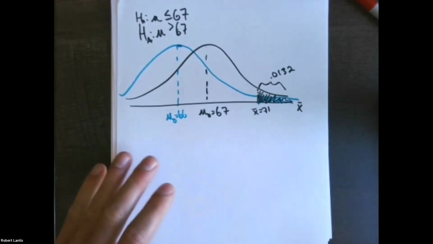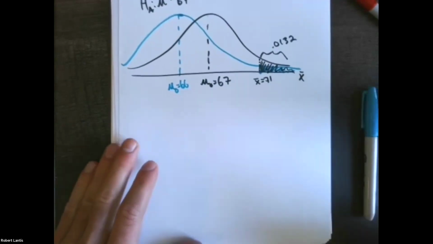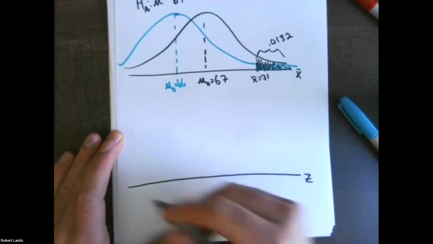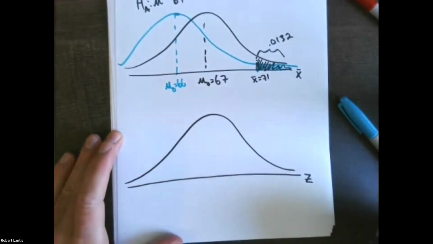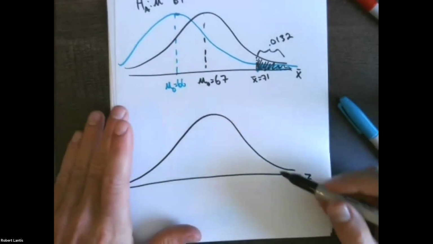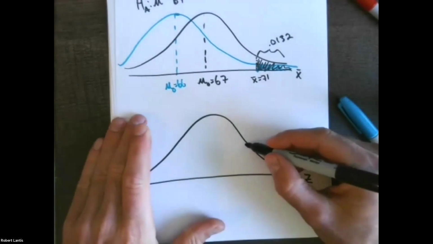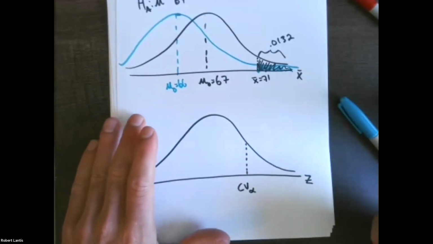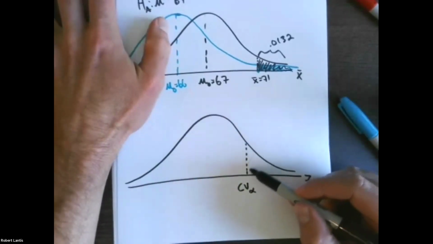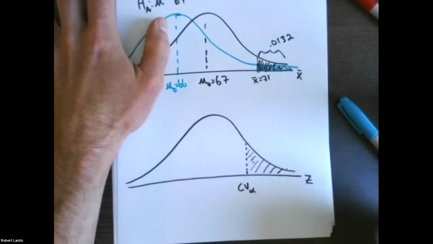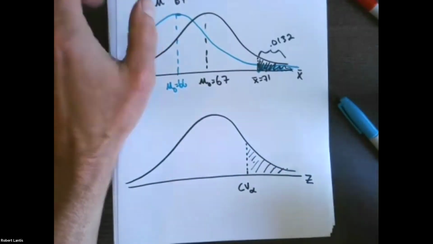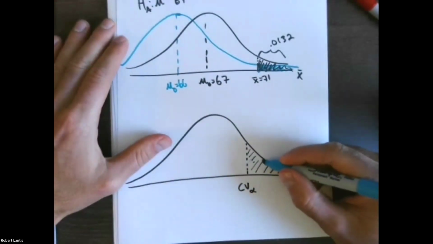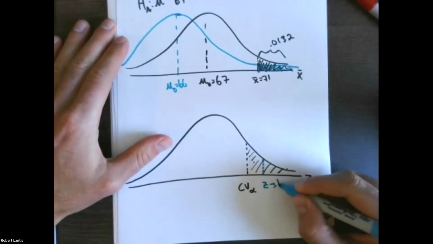The other thing I wanted to point out is to try to make this connection between our p-values and our critical values. So once I turn these into test statistics, and I'll do a right-tailed test just for the sake of this, whatever my critical value is, it's associated with a specific alpha, right? So here, for this critical value, the area to the right of it is whatever alpha is. My p-value lines up with my test statistic, my z statistic.